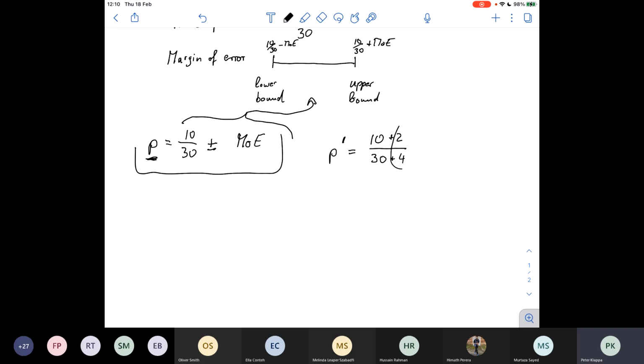And these 2 and 4 are fixed numbers. They don't change. The reason for that is when you are very close to 0, so if you have, for example, 1 cell alive per, let's say, 30, your ratio is very close to 0. P is close to 0.